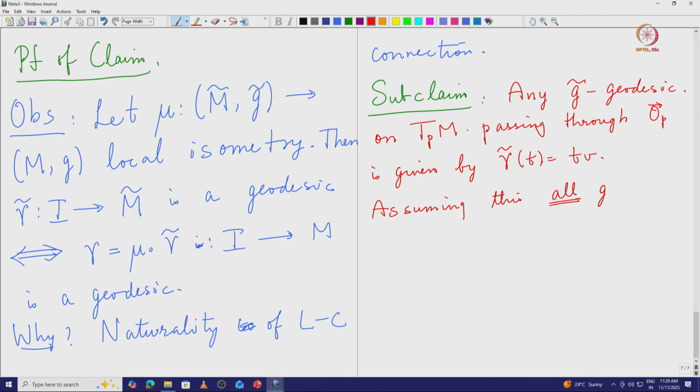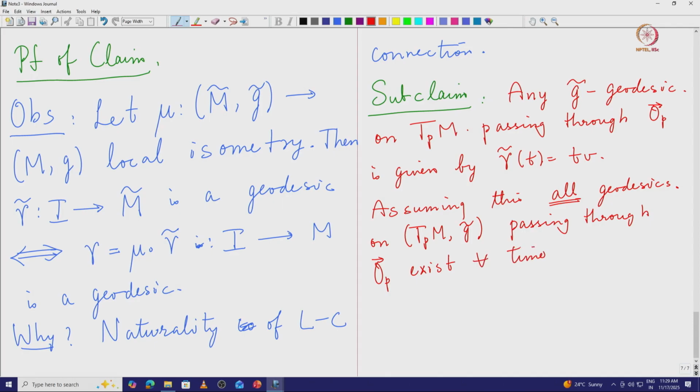All geodesics on TpM with this Riemannian metric passing through this point, which is the origin of the tangent space, exist for all time.